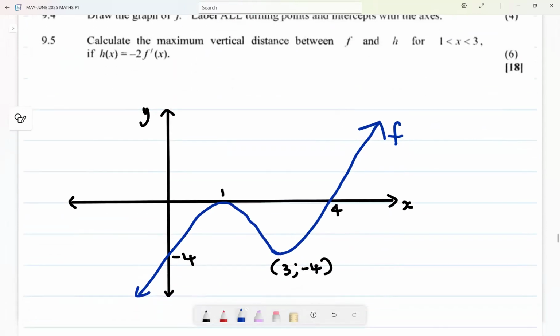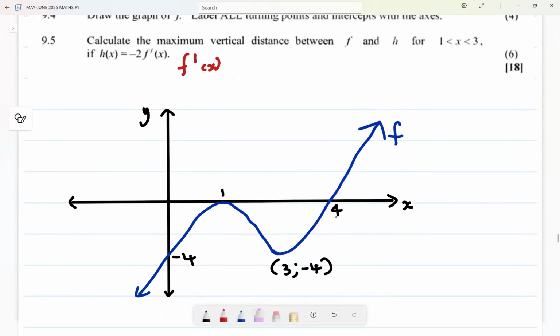Okay, if h of x is equal to negative 2 multiplied by the derivative of f. Okay, let's look first at how the derivative of f would look. Remember, the derivative of f is just the parabola. If f is a cubic function, the derivative is going to be a parabola. And how do I know the shape? The shape is going to be looking upwards.